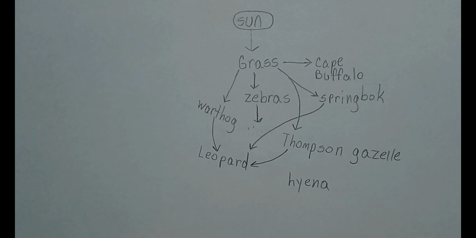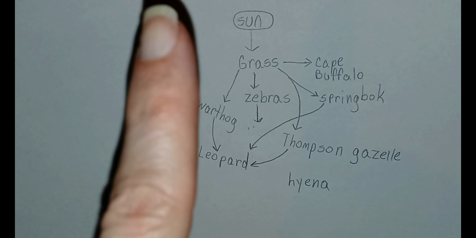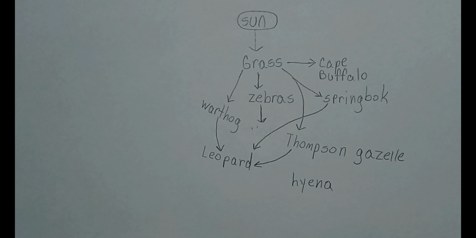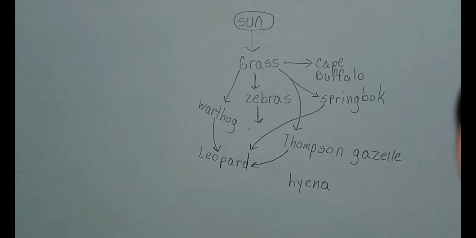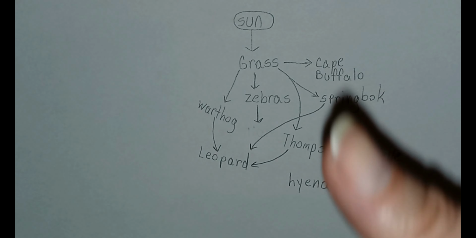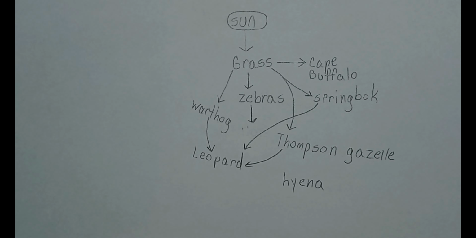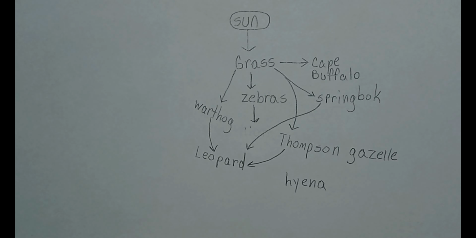Springbuck, they would definitely go for. Warthog, they would definitely go for. Thompson gazelle, they would most definitely go for. Hyenas, probably not so much. A hyena might chase a leopard off, probably would not chase a leopard off a kill, because leopards take their food up into the trees where they're safe.